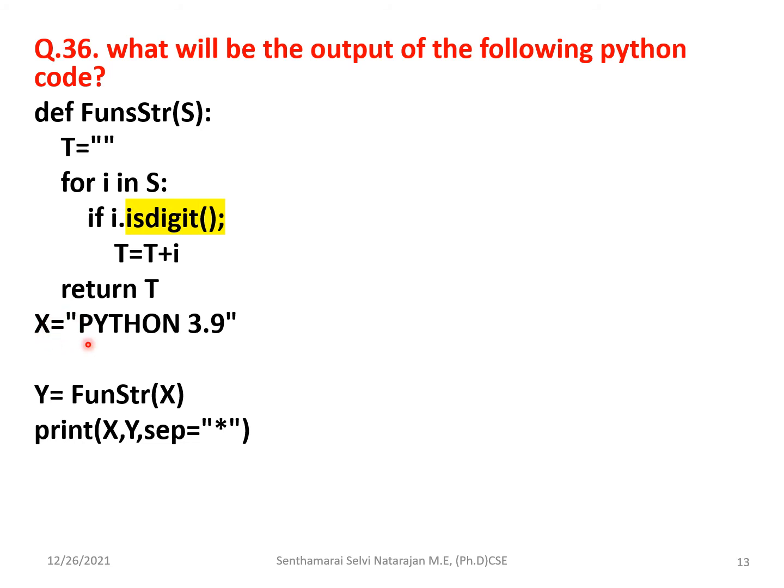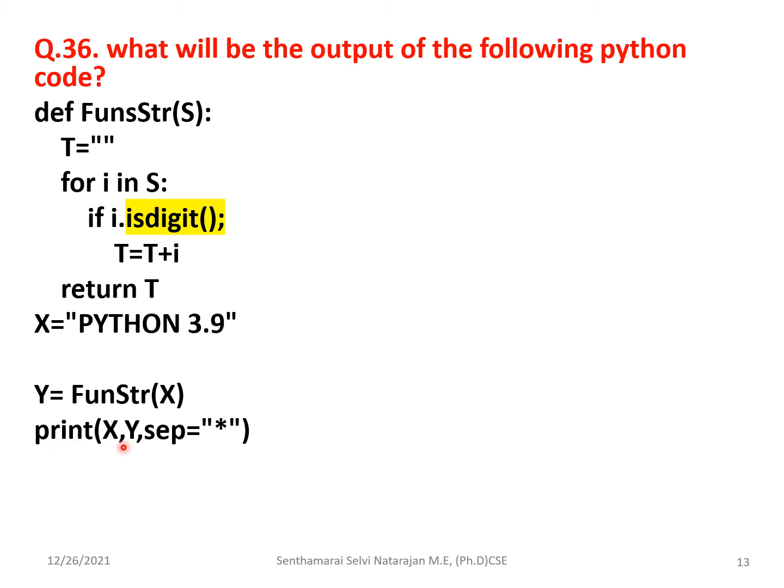So the x variable is assigned this string, and then y, the function is to be called. So here for this x, this string has to be passed. So it is passed, and then the empty string t is here, and it will be checking is it any digit. You see here, is it having any digit or not. So it will be checking, and here it will be identifying the digits 3 and then 9. So both are the digits, others are the characters.